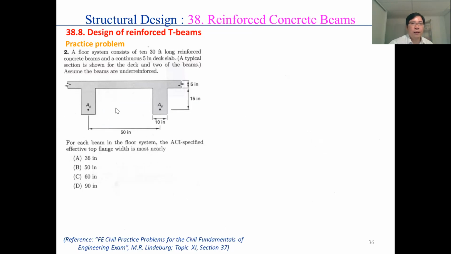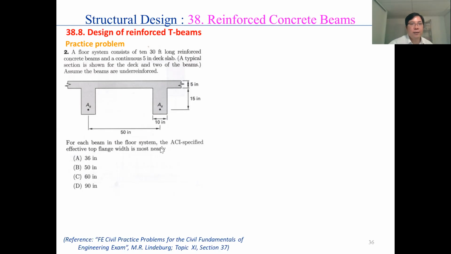So you can see the figure showing the floor system consists of 10 30-feet long reinforced concrete beams and a continuous 5-inch deck slab. We assume that the beams are under-reinforced.